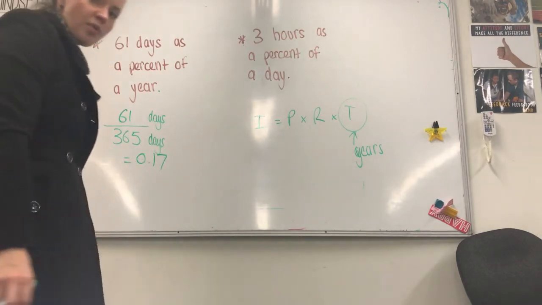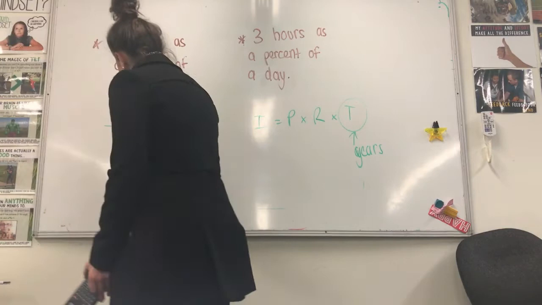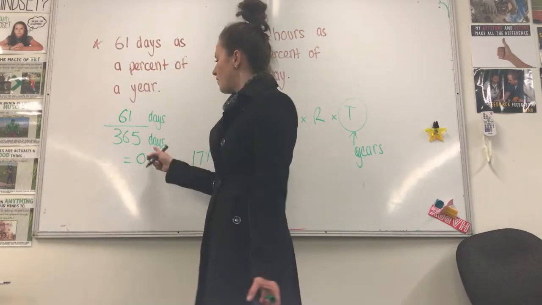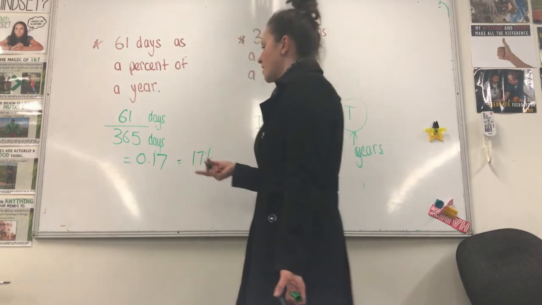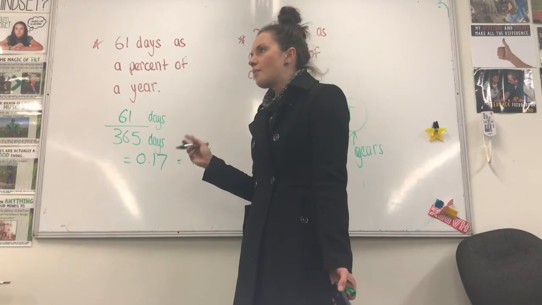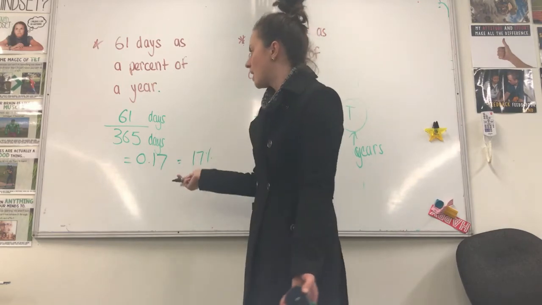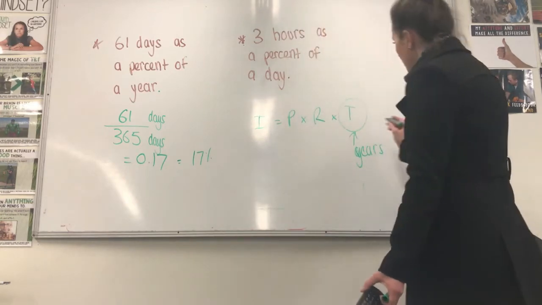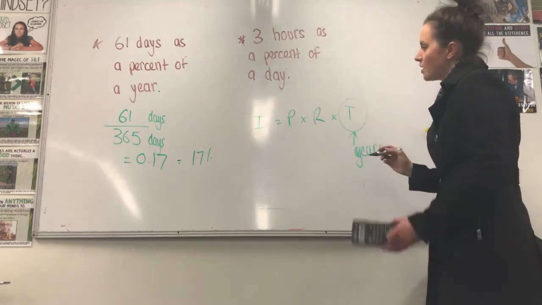So the decimal is 0.17. As a percentage, that would also equal 17%. But for the purpose here, say a person had invested their money for 61 days, we would need to know how to convert that into a decimal when we're doing our formula.